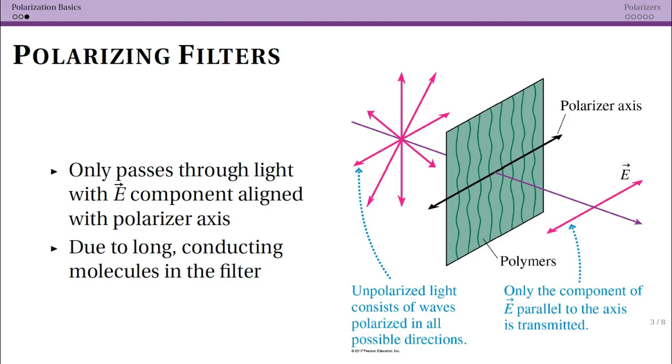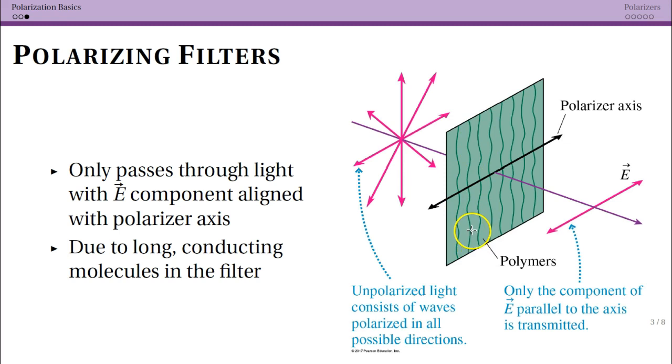So finally, what we really deal with when we're talking about polarized light are polarization filters, or Polaroids is actually what this is. So this is a special type of plastic that basically has these long polymer chains, these long molecules that are partially conducting. So if you try to send through light this way that has an electric field that's up and down, it actually can't pass through because of the alignment of the polymers.